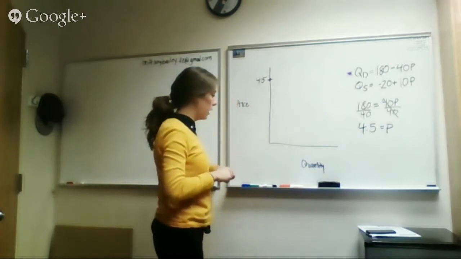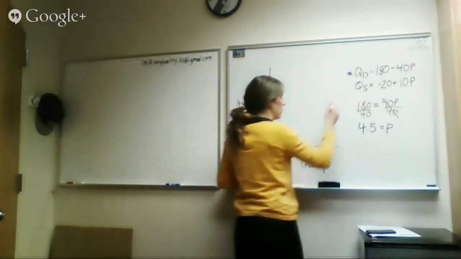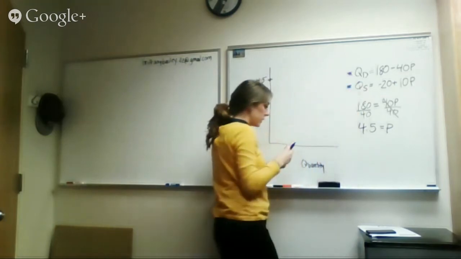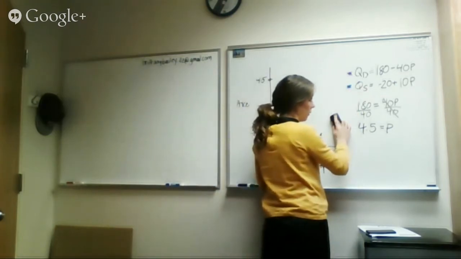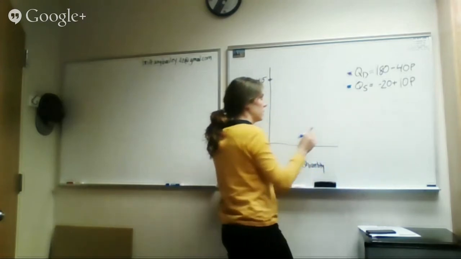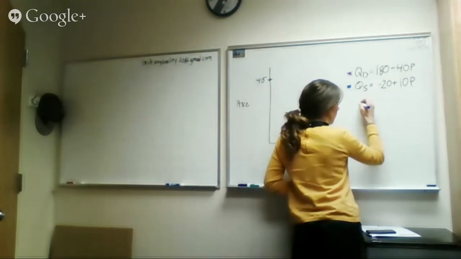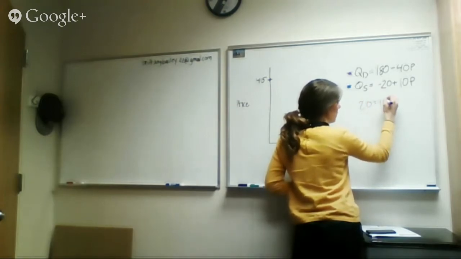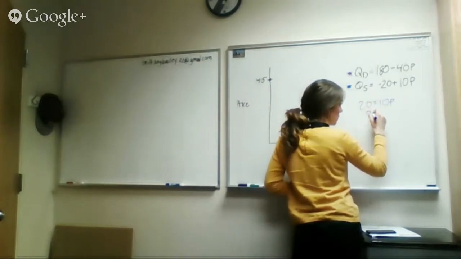Okay. And for quantity supplied, I'm going to solve that one for Q equals 0 to find out what the price intercept is. So it's going to be 20 equals 10p or p equals 2.